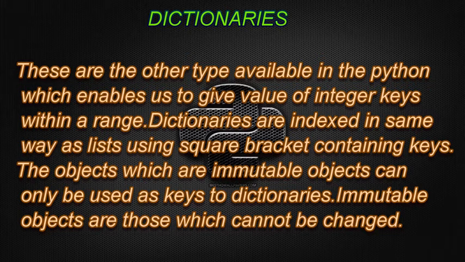Similarly, with dictionaries we use square brackets, but these are used to give keys to the values. We use dictionaries when the objects are immutable. What are immutable objects? Immutable objects are those objects which cannot be changed.